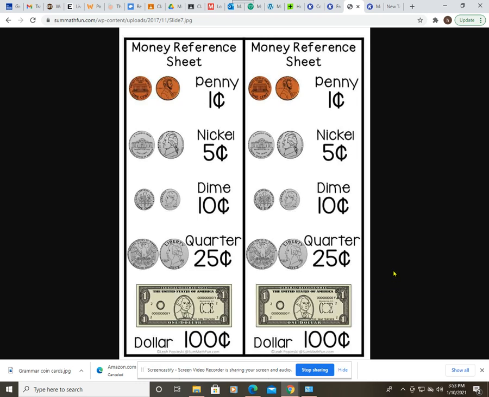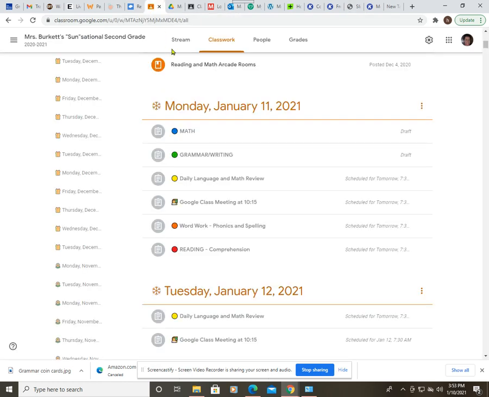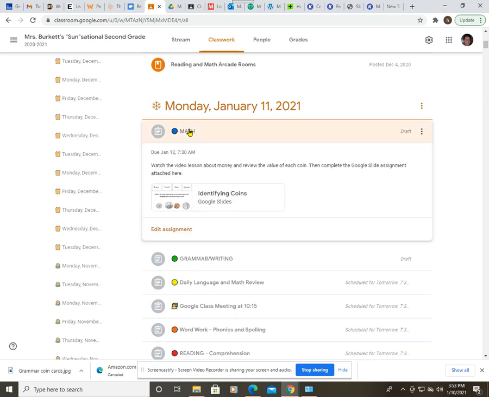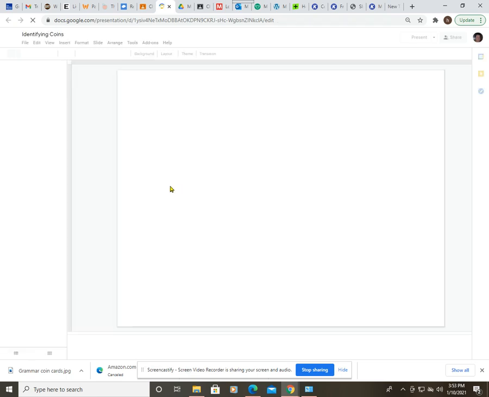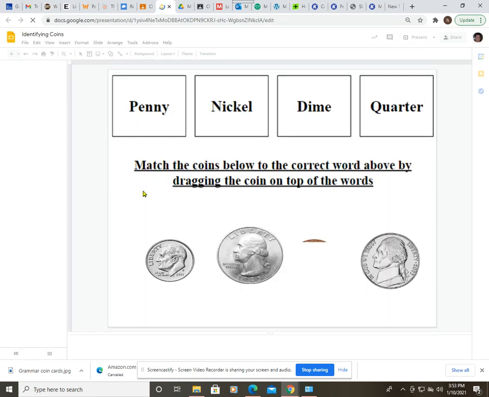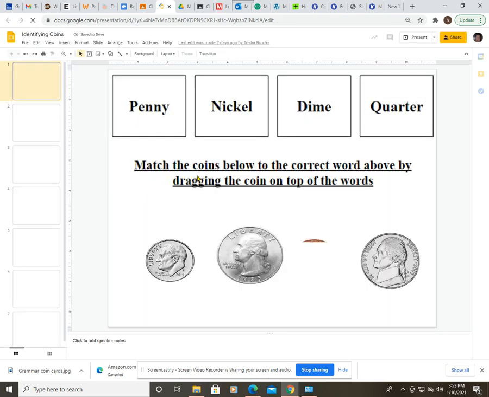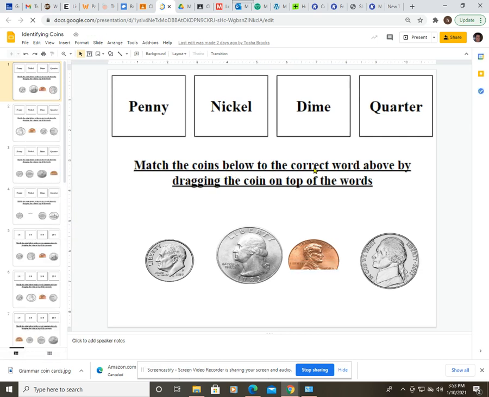We're going to focus today on money. So if you go to your Google Classroom and you go to your math assignment today, there's going to be this video and some other videos, but the task itself, when you click on it, identify coins, is basically going to be some slides, and all you're going to need to do is match the coins below to the correct word above by dragging the coin on top of the word.